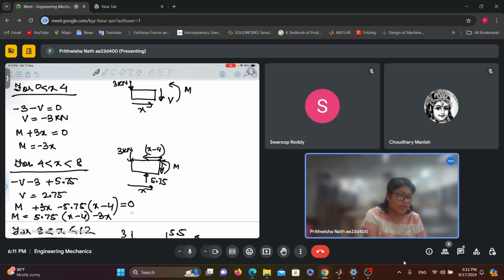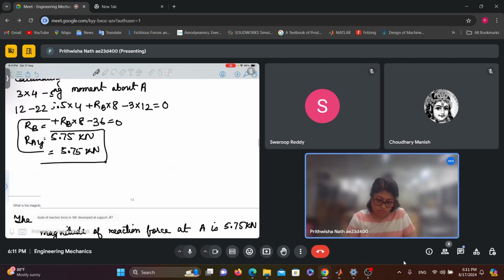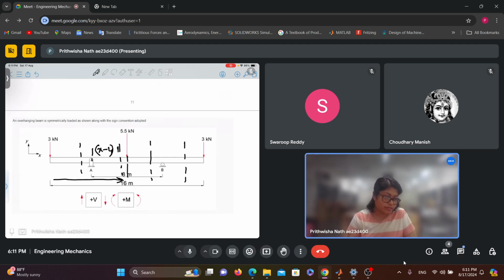At the right end it is 0, right? You need to find the maximum bending moment.